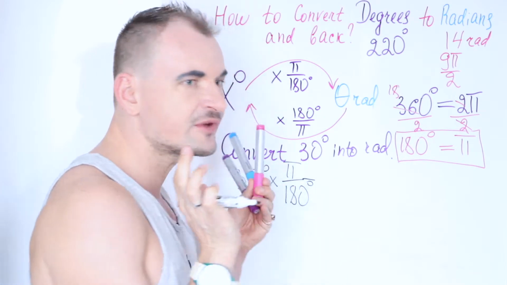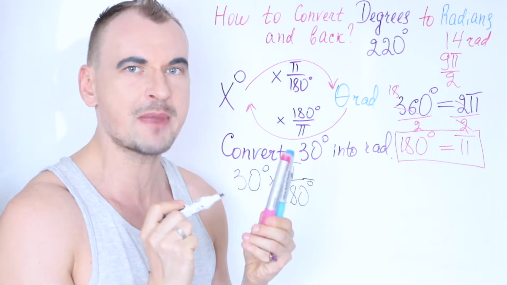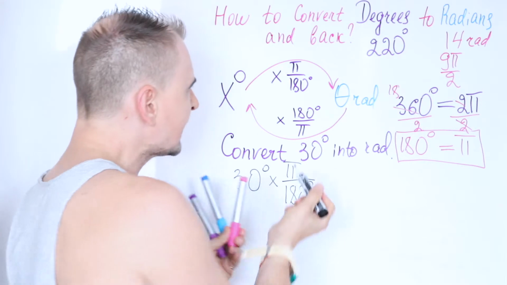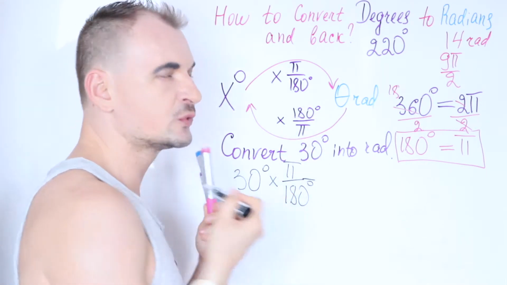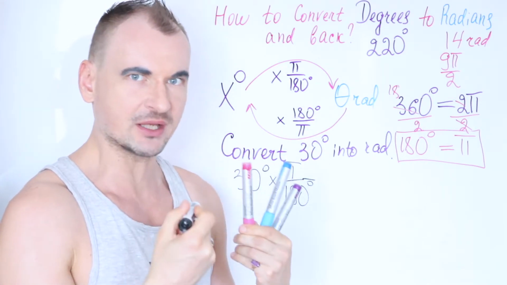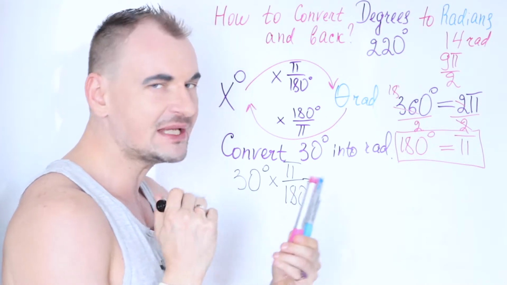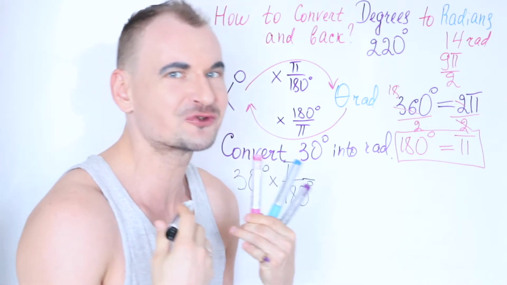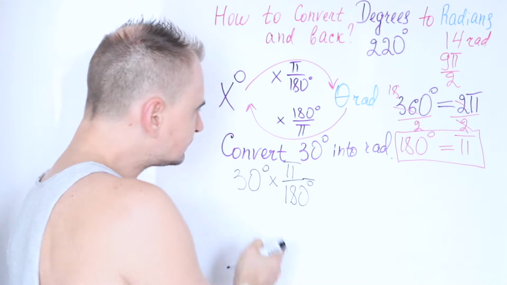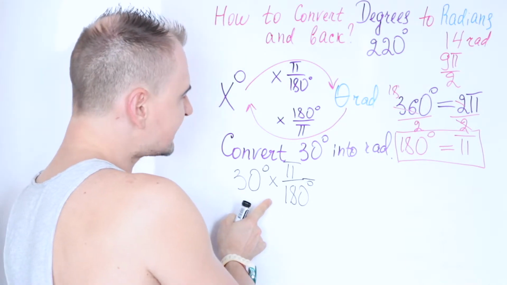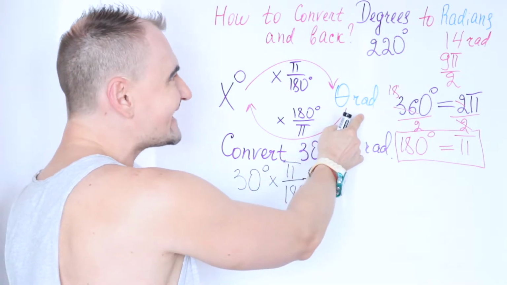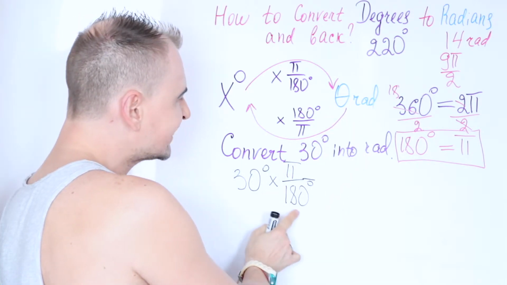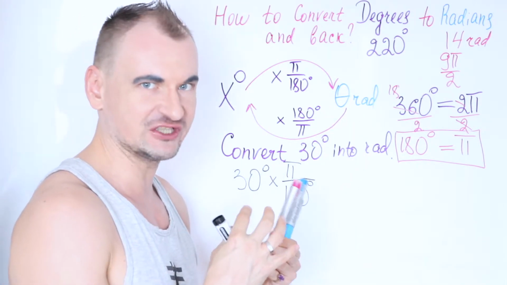And there is a kind of ninja trick, a mnemonic trick, to remember which factor to choose, which factor to pick, since it might be a little bit confusing, especially when you start off. So the way you would remember, since you want to get the radians, you want the degrees to be cancelled.